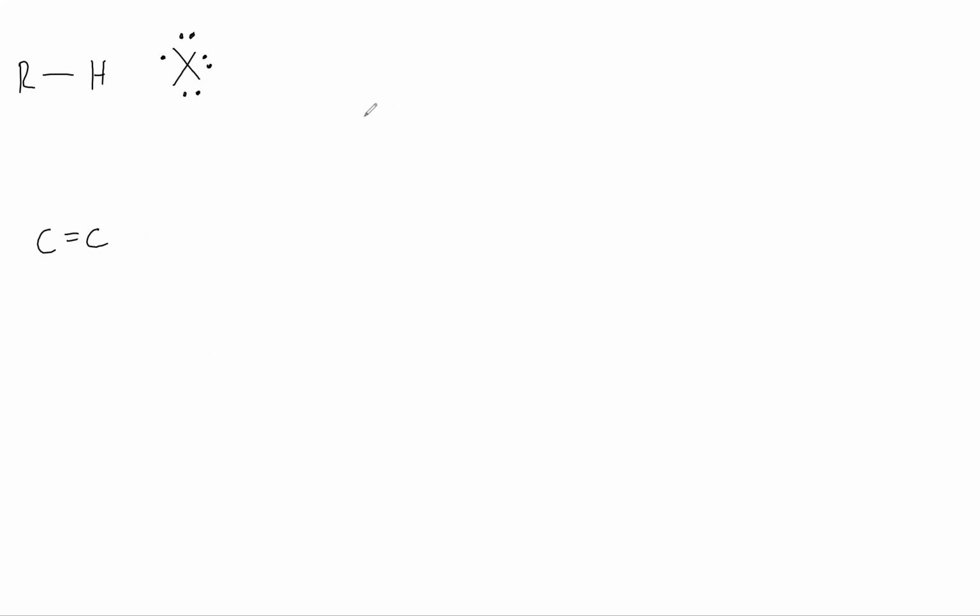They can react with themselves, with other radicals, so if I have another X radical right here, that can also react with themselves. So let's go over each one of these different reactions here.